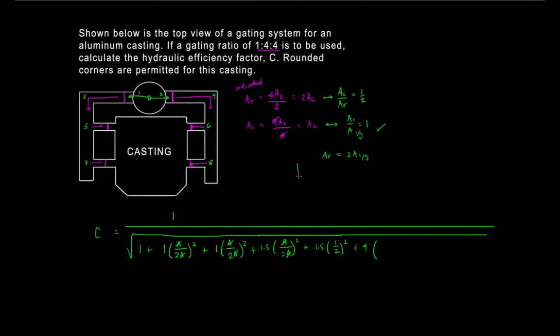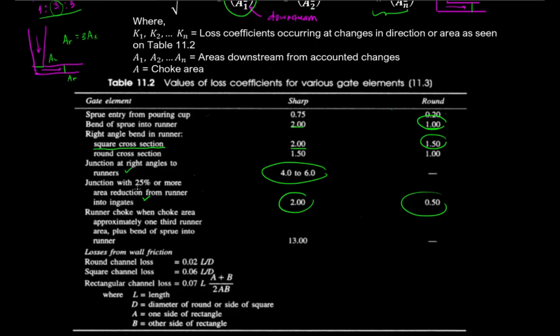So you have a large runner area, and it's moving into one half its original area into the in gates. With that, it satisfies the condition of 25% or more area reduction.